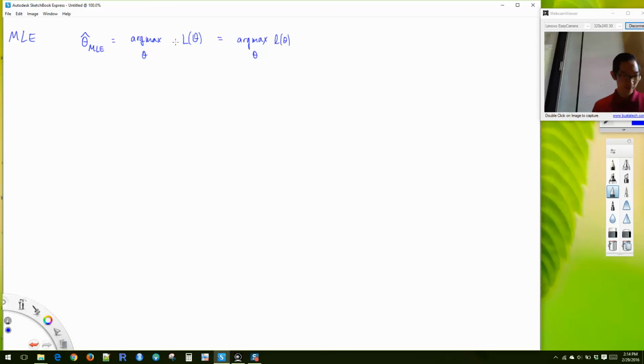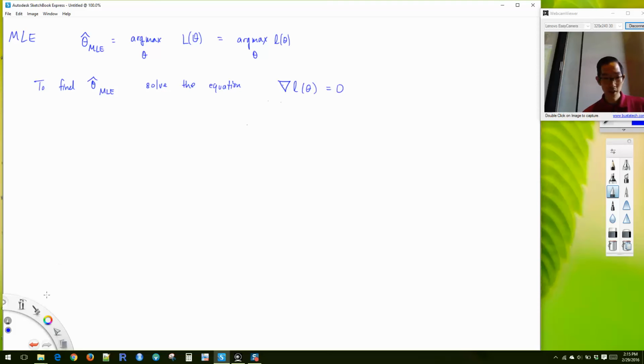To find this, we're going to try to solve the equation where the gradient of the log likelihood is equal to 0.